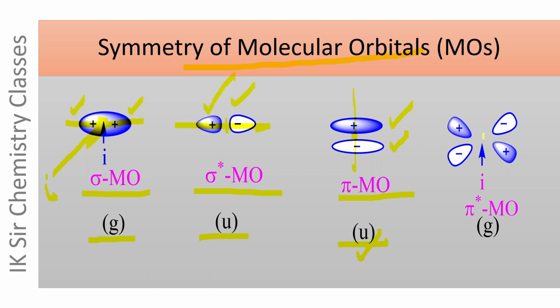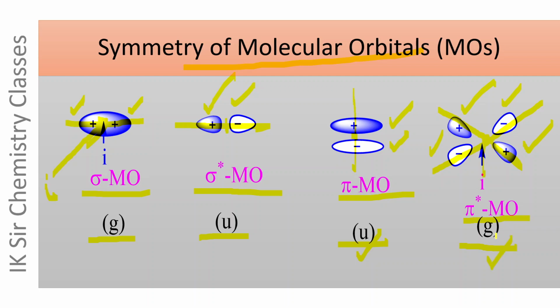If we consider this point and pass a line through this point, we get equal, identical lobes on both the sides at equal distances, and on passing the line in this direction also we get identical lobes on both the sides at equal distances of this point, and therefore this point is center of symmetry in pi star MO. Therefore, pi star MO is gerade molecular orbital, which can be represented by G.